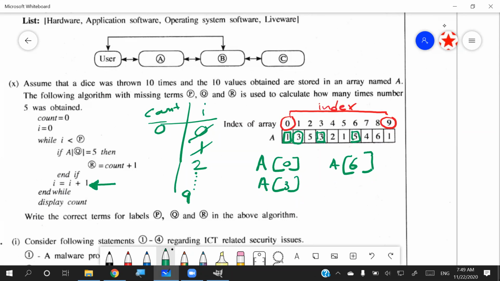So if you put 9 as the P, they are checking whether 9 is less than 9, which is not. So it will get false and will not come inside. Will not come inside means you are not going to read the very last item, which is this one.